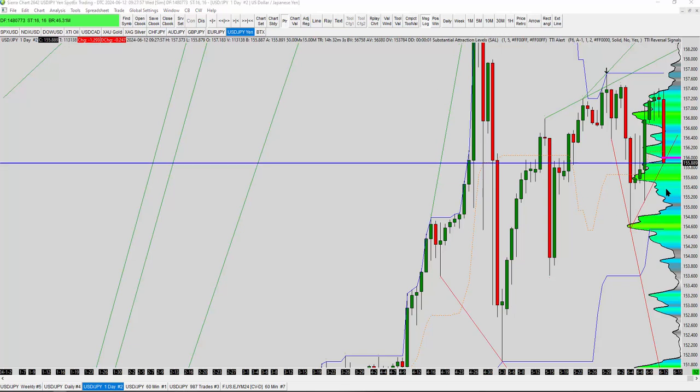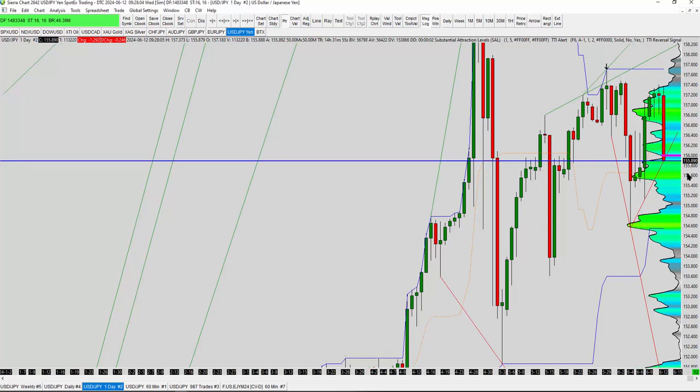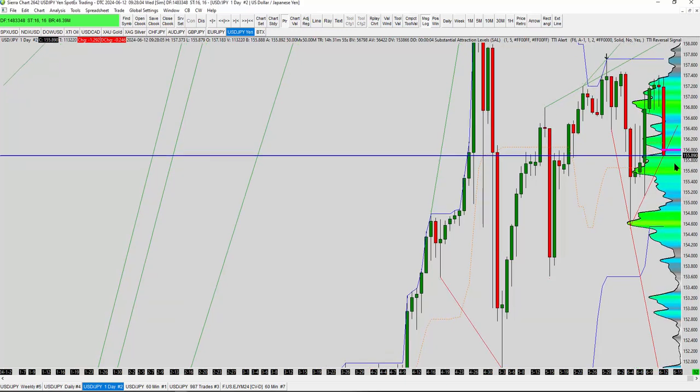We mark down the level that is going to be crucial for us for the US yen. Why? Because once we go below this line, we are going further down because it's going to break the support. This is the final support for this move. We have two levels, and this is the final support for them, right? This area, and you will learn that in detail through the classes.